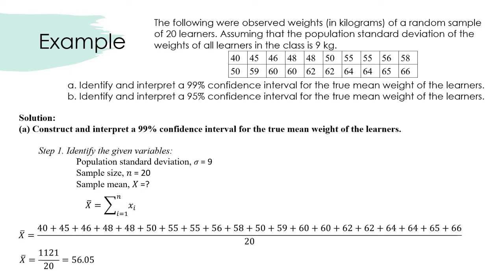So we have now x bar is equal to 40 plus 45 plus 46 plus 48 plus 48 plus 50 plus 55 plus 55 plus 56 plus 58 plus 50 plus 59 plus 60 plus 60 plus 60 plus 62 plus 62 plus 64 plus 64 plus 65 plus 66, that is equal to 1121 divided by 20, and that is equal to 56.05.